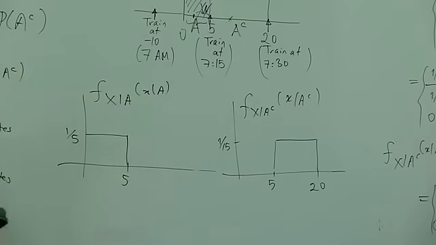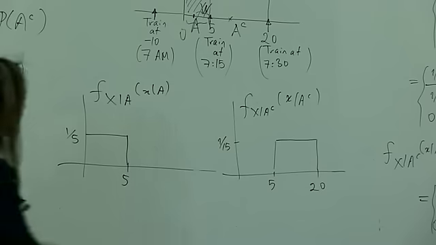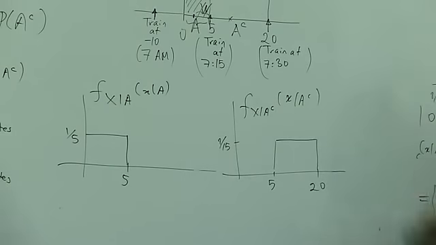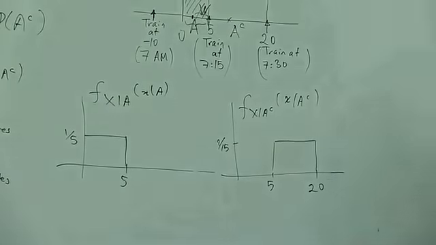Before we finish this, let's also compute the expectation and variance of our waiting time. Okay, I'm going to use this space. What is my waiting time?